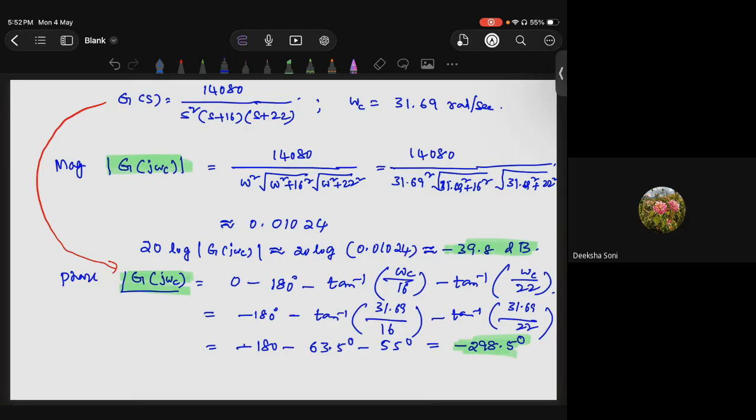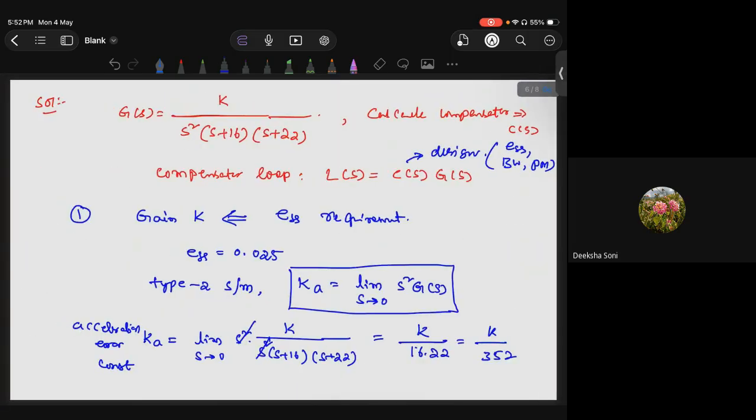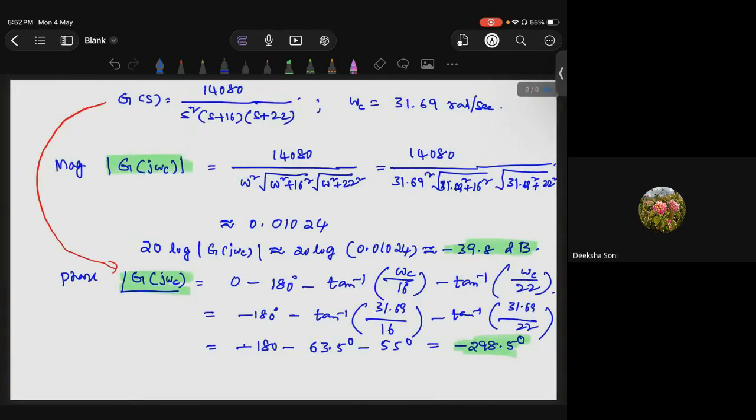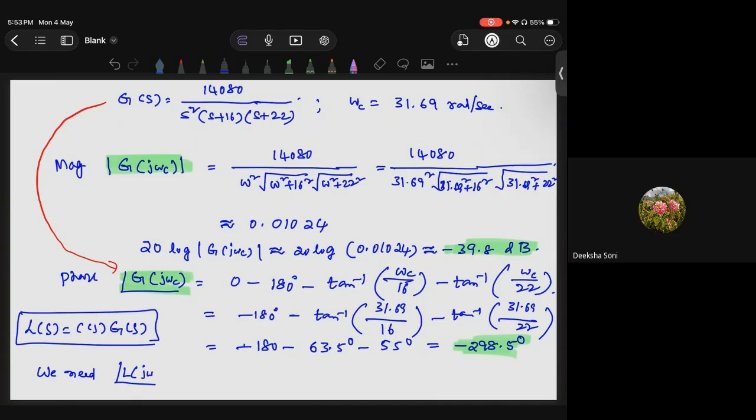Okay, so now what basically we require: we have L of S, which is nothing but C of S, G of S. So we have L of S is equal to C of S, G of S. What we need is the angle of L of j omega should be greater than minus 180 plus 38 degrees, which will be equivalent to minus 142 degrees.